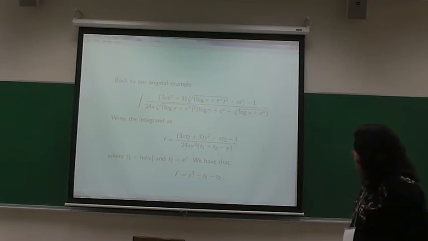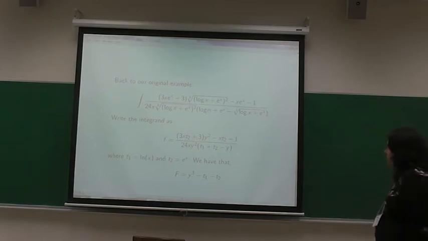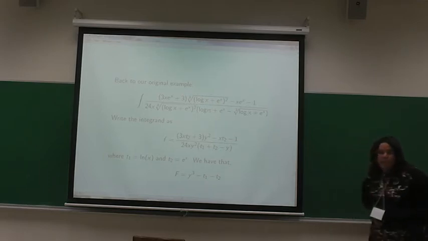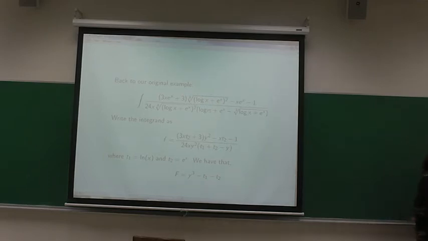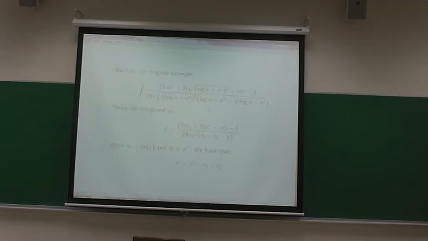And I have denoted by t1 the ln of x and t2 the exponential of x. So we have that the irreducible polynomial is y cubed minus t1 plus t2.